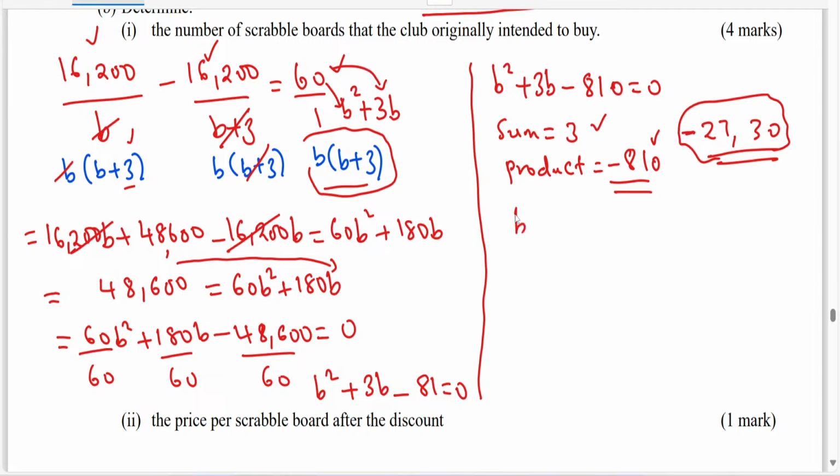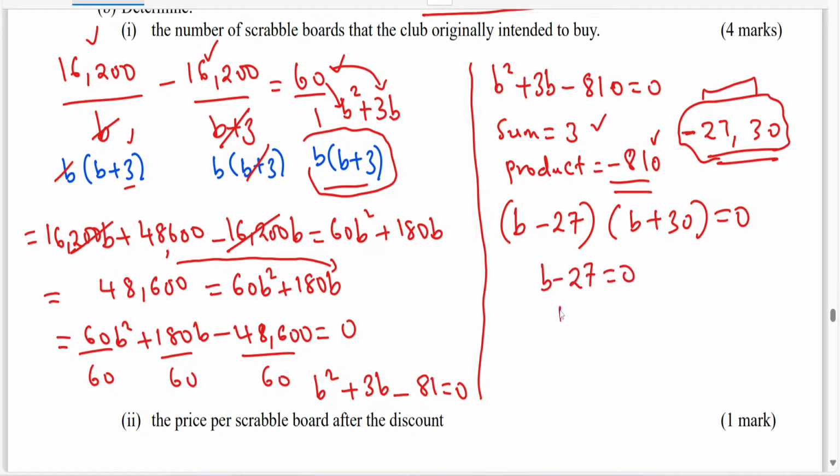So ukifactorize ni very simple, you just take b minus 27, na nyingine ni b plus 30. Once you've known the factors, equal to 0. So b minus 27 is equal to 0, therefore your b is equal to 27. So as for the other one, b plus 30 ni equal to 0, so your second one should be b equal to negative 30.